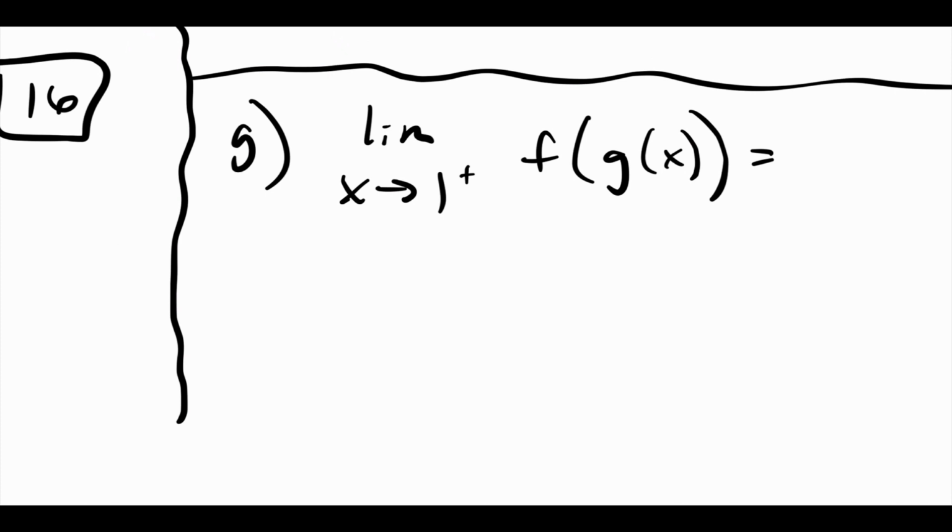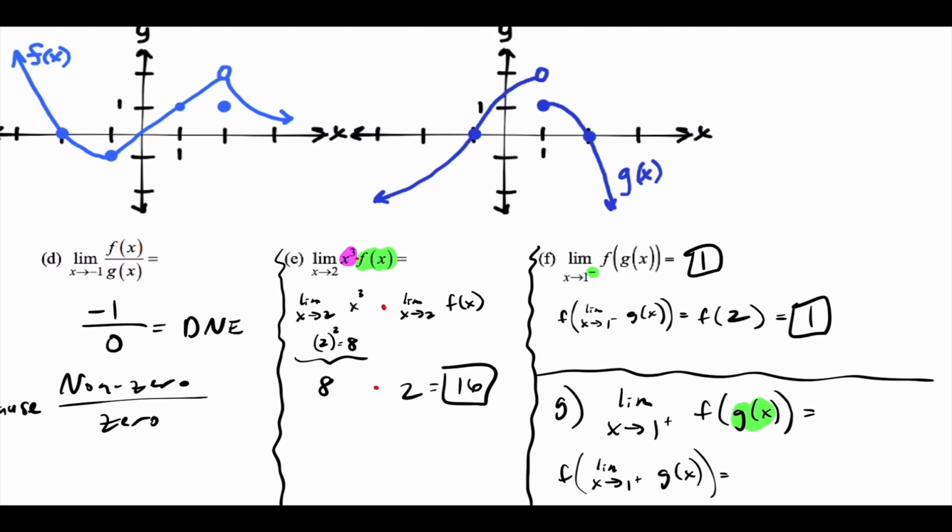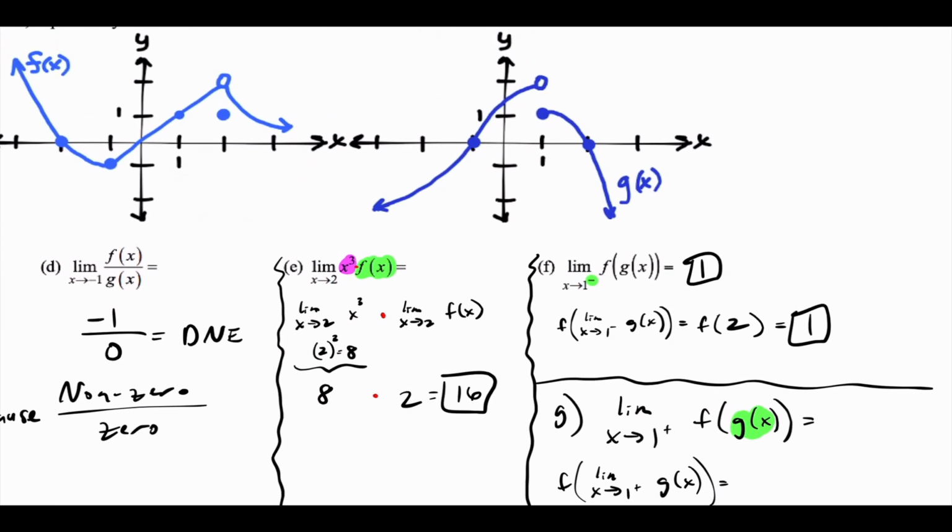Okay, so we start on the inside. We're going to say f of the limit as x approaches 1 from the right side for g of x. Just from the right side, that's positive 1.